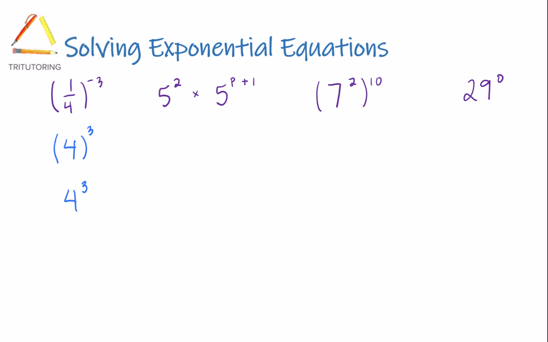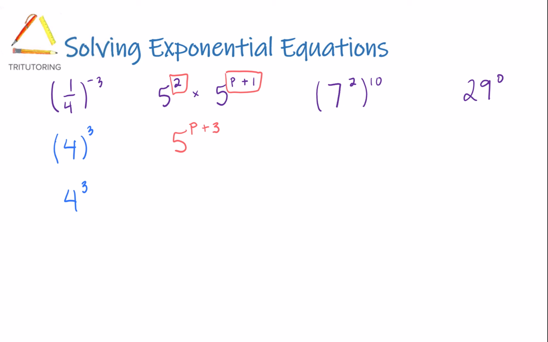So in this case, my exponents are 2 and p plus 1. So if I add these together, look for like terms. P doesn't have a like term, but 2 plus 1 together makes it 3. So I would call this 5 to the p plus 3 in simplified form.